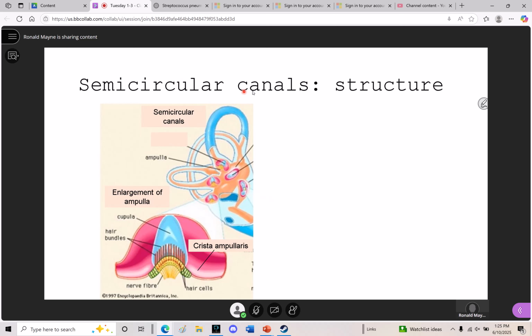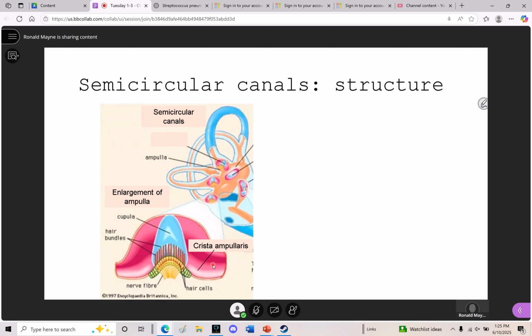Now with semicircular canals, we said there was fluid in here. We are actually inside the duct. So the fluid in here, what was that called? Endolymph. When you move your head, you're moving that fluid.